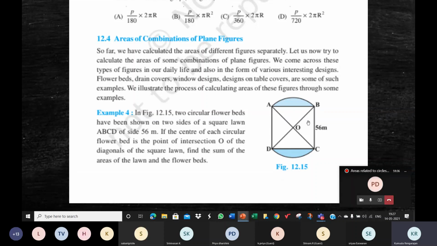And see here, this is a right triangle, half base into height. And we know that the base and height are equal to 28 root 2 meters. That's it. So this is a simpler one, meaning it's a less time consuming approach. Do it this way also and see that you get the same answer in both the cases.